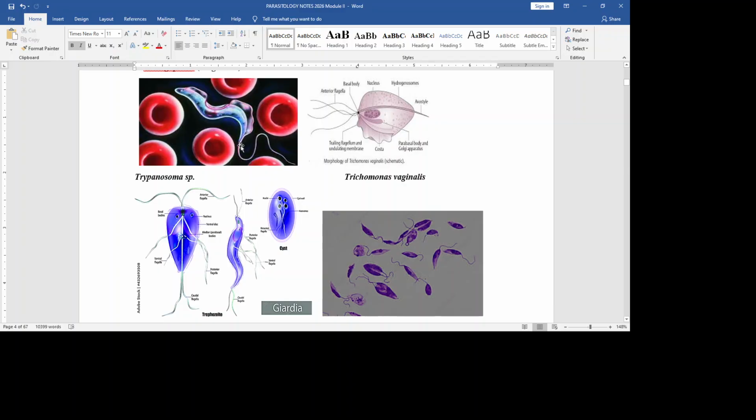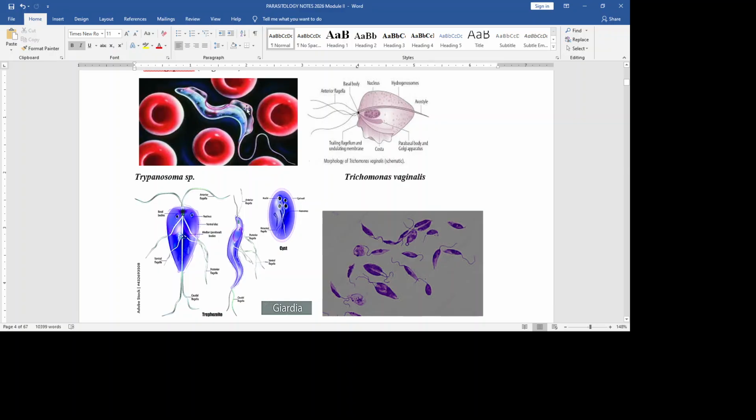But on top of it, we have the other flagella, which runs along the margin of the undulating membrane.